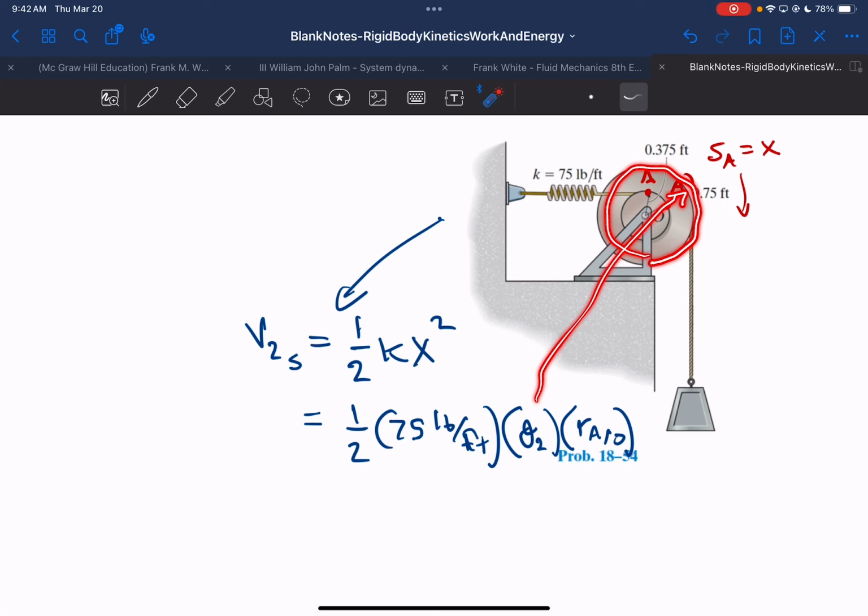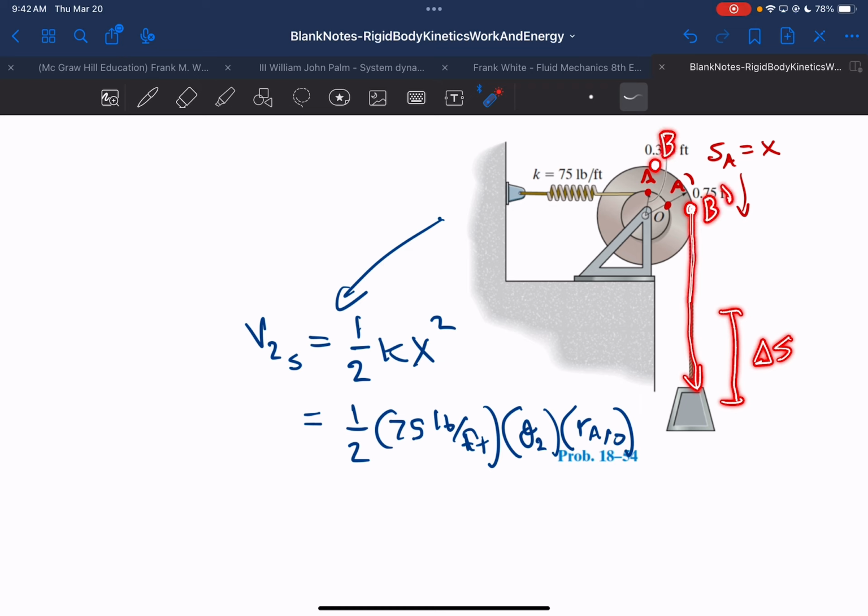Well, the question tells me that this line right here will descend a delta S. If this is my point B, and this was my initial point B, and this is my B prime, this arc length, if you will, that block will descend 5 feet.